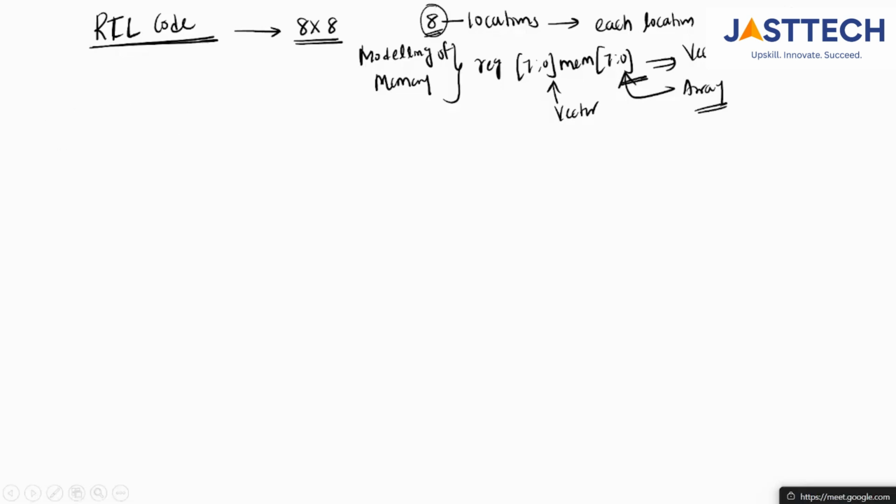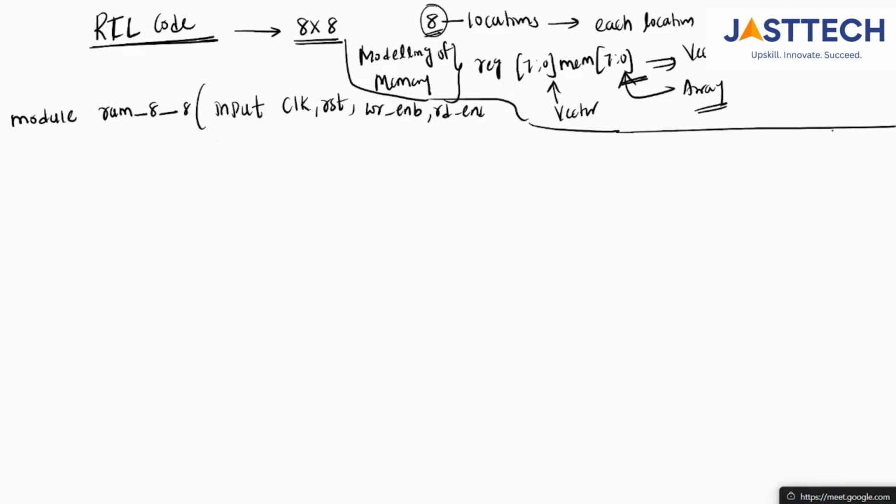So I am writing the code. Module RAM_8_8. You need to declare the inputs: clock, reset, write_enable, and read_enable.